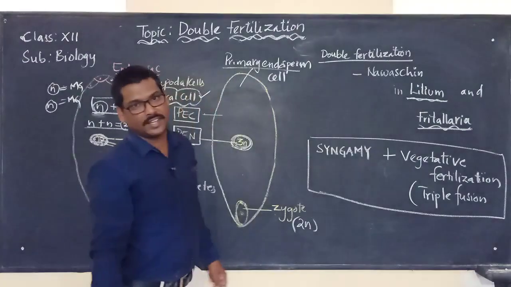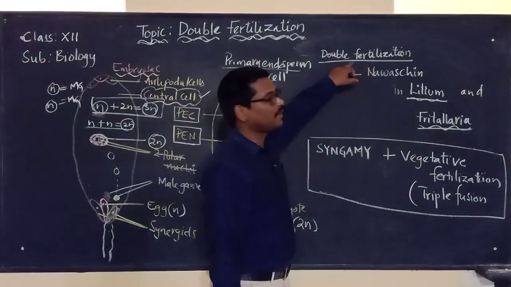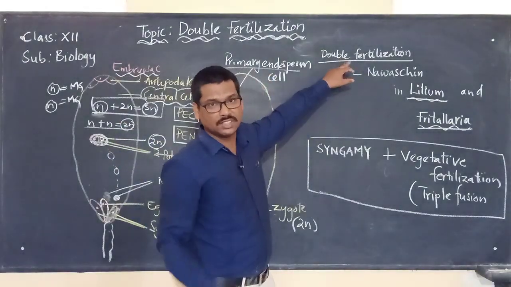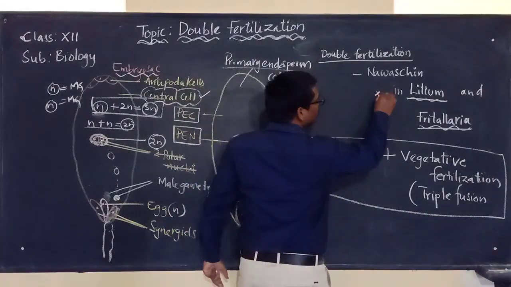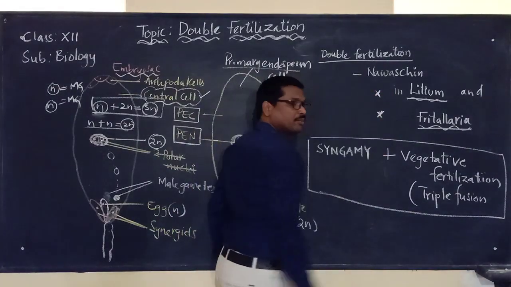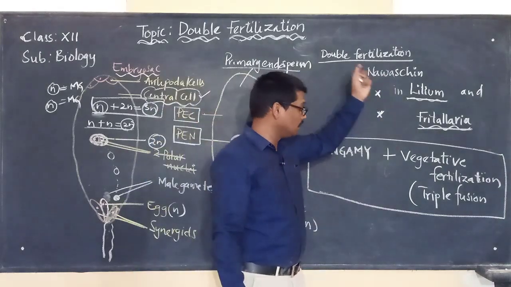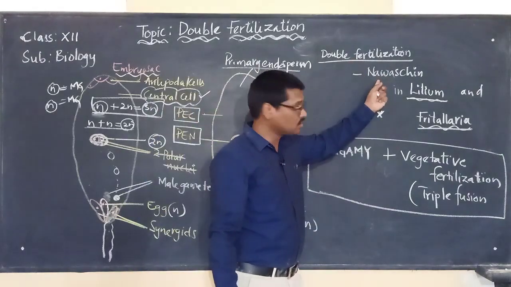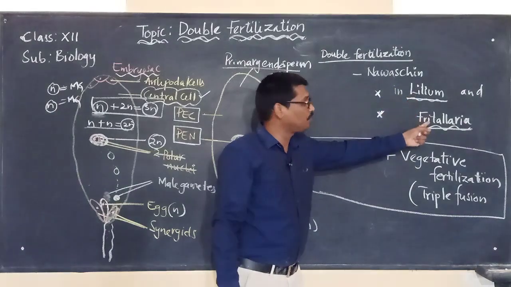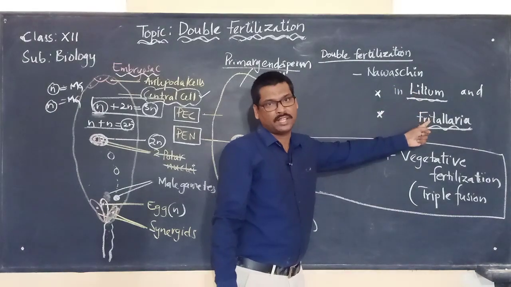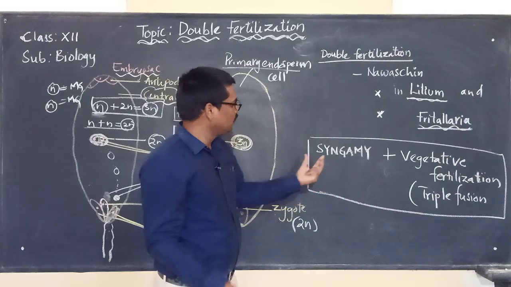In these two he identified the process of double fertilization, and these are very important points that you have to remember. Double fertilization was discovered by Navaschin in Lilium and Fritillaria.